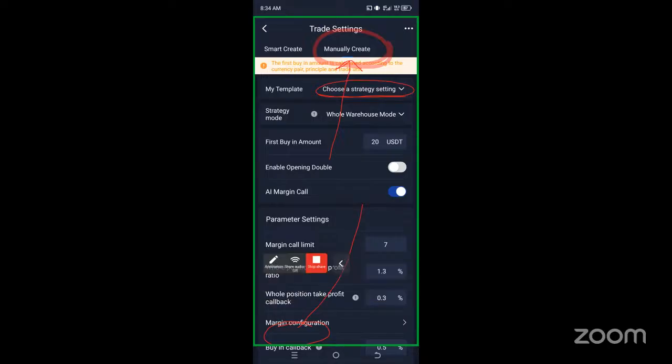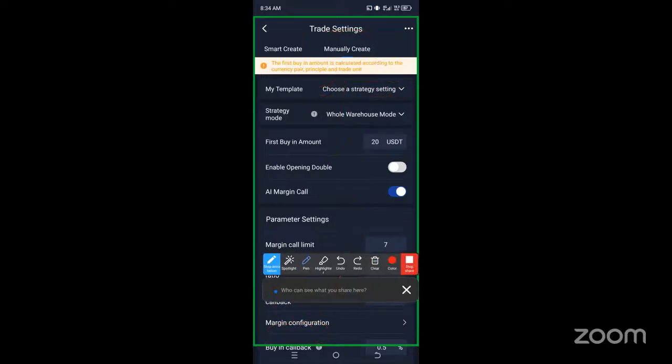So again, we can talk about strategy modes. We have a strategy mode which are mainly 3. One is the warehouse mode, as you can see, and there is an arrow which is here that when you click on it, it shows you 3 strategy modes.